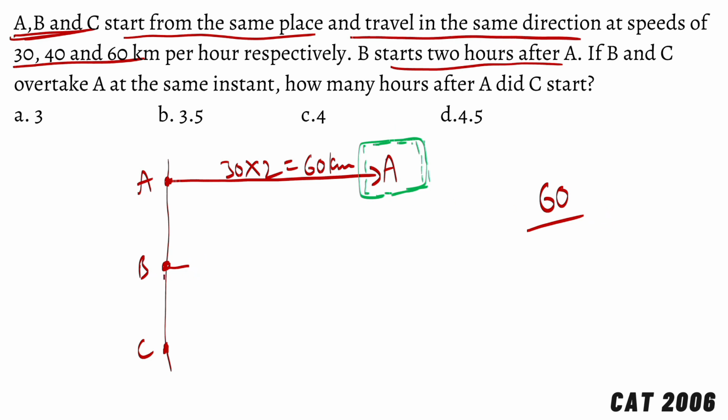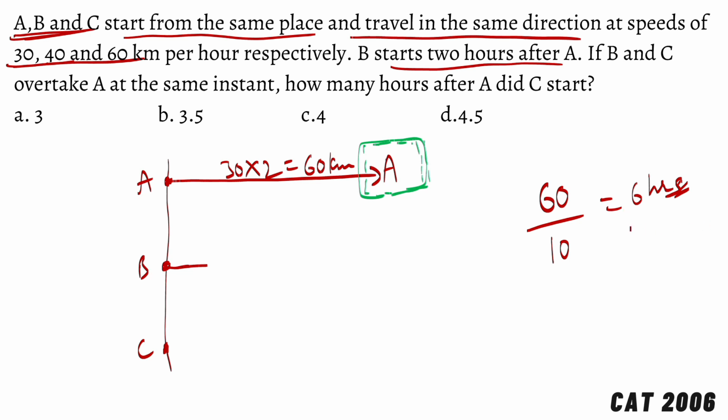As A and B are moving in the same direction, we must subtract the speeds. The speed of A is 30, speed of B is 40. So the relative speed is 40 minus 30, that is 10. So the answer is 6 hours. B takes 6 hours to reach A.